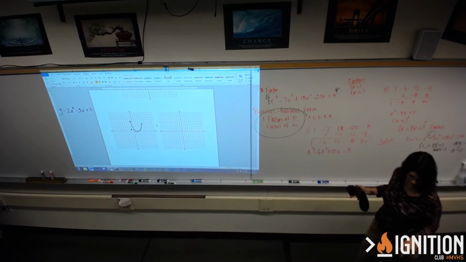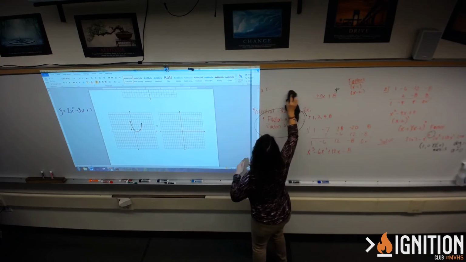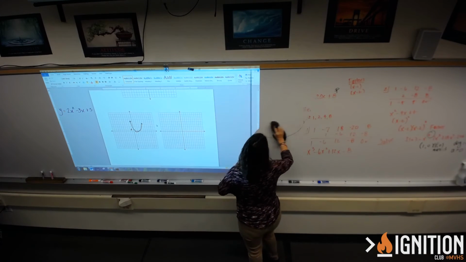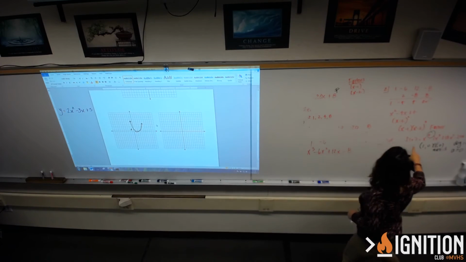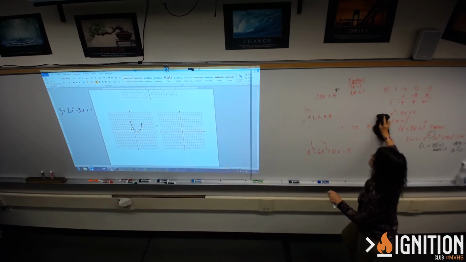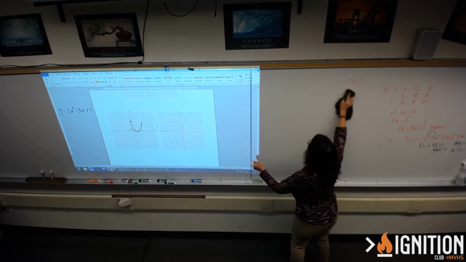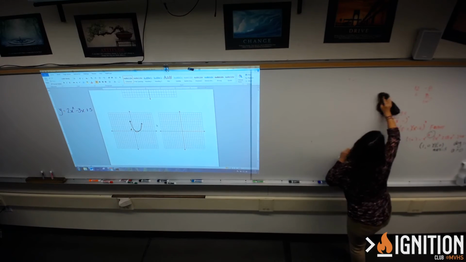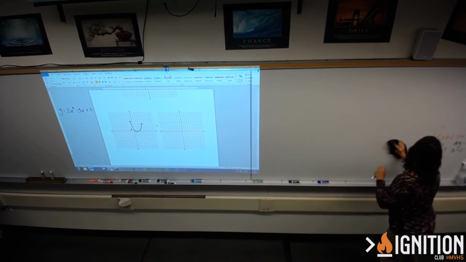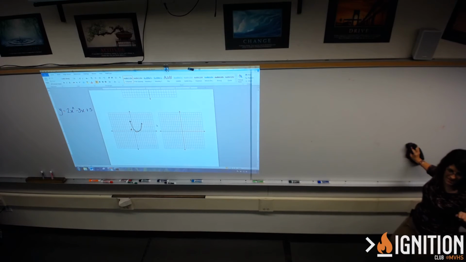No, not square root of negative 31. A, the lead coefficient. A is 1. Last semester.